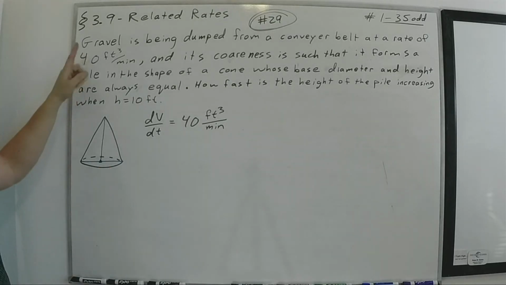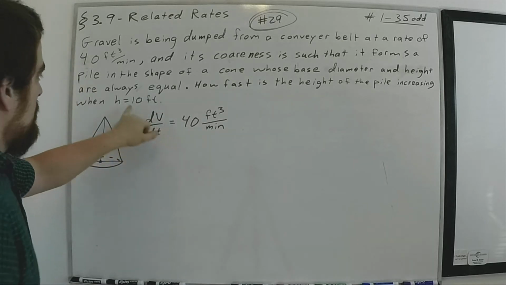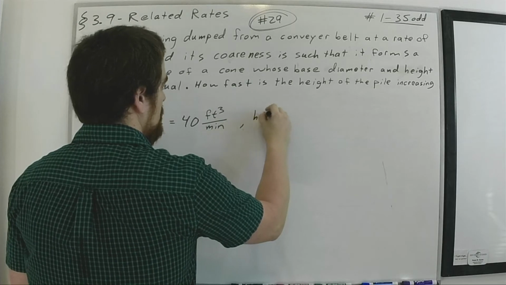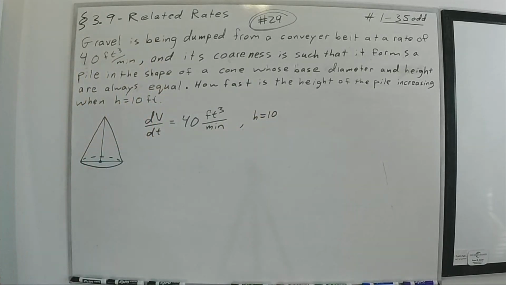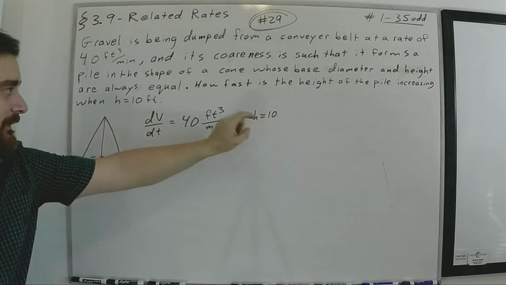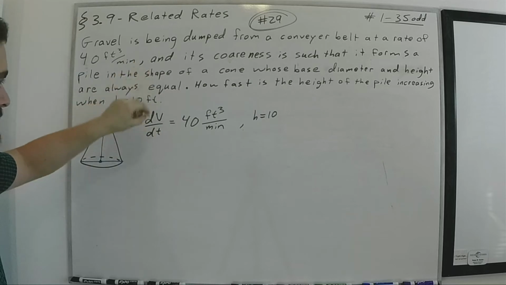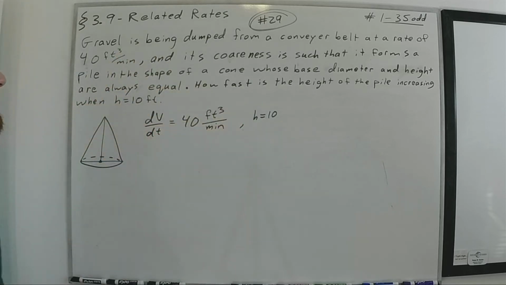So it's a little tweak there, but not too terrible. Then I have h is equal to 10. Well, I can't just plug that into the problem right away because it's not always 10, so I can't just say it's always 10. I'm going to have to work with my rates of change, and then I'll go back and say, okay, now I'll let h equal 10 to figure that out.